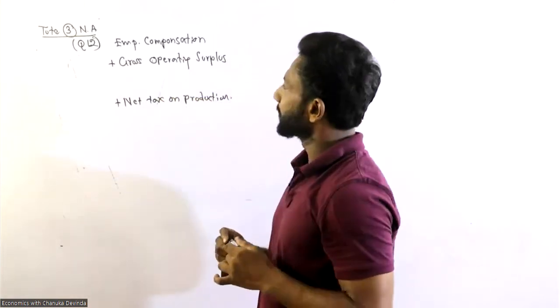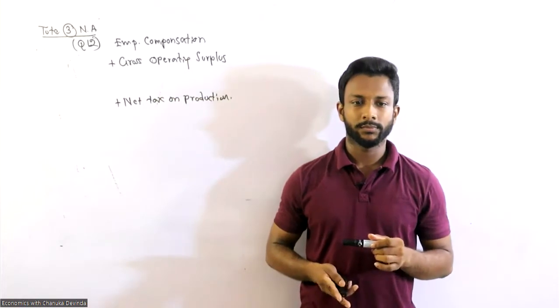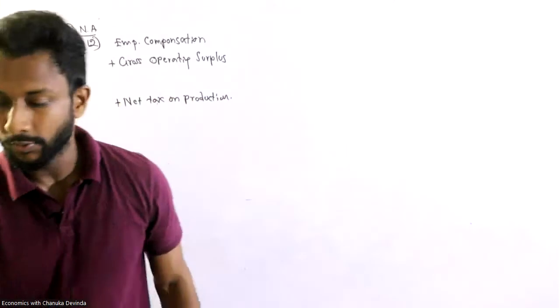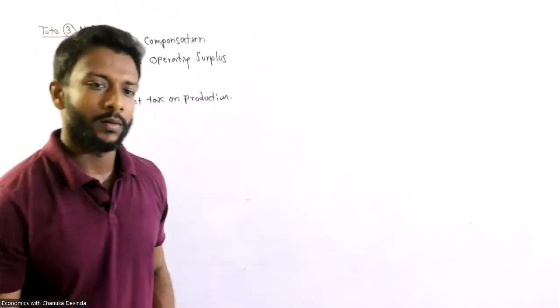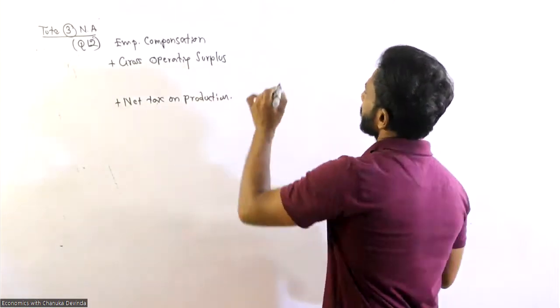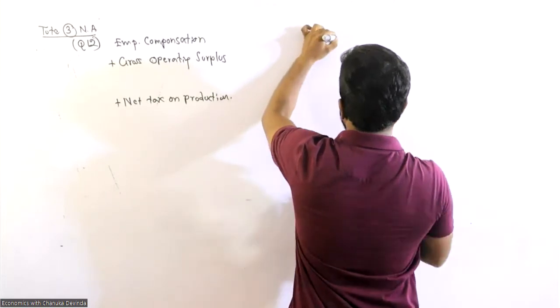So what's the employee compensation value? How much? Employee compensation equals 2,200.